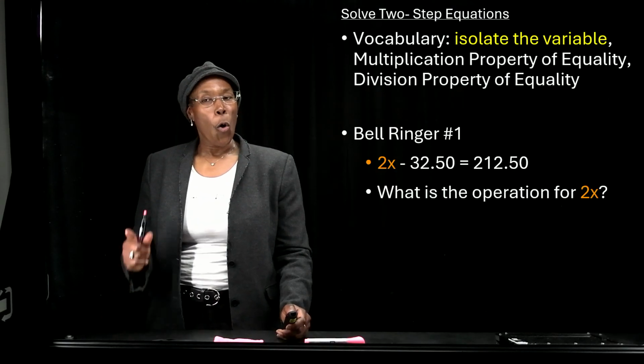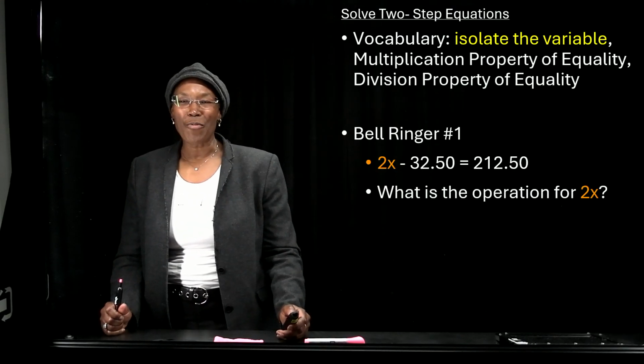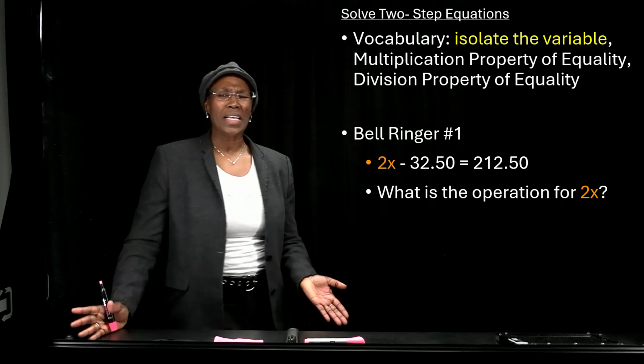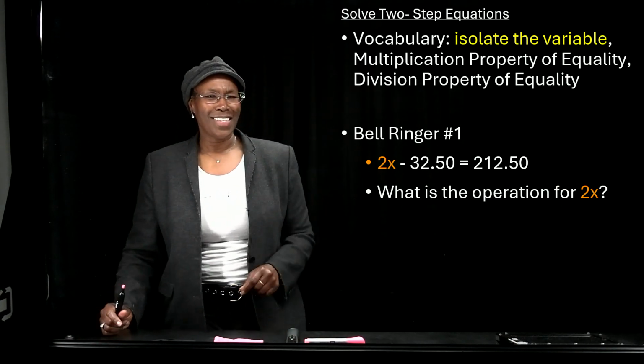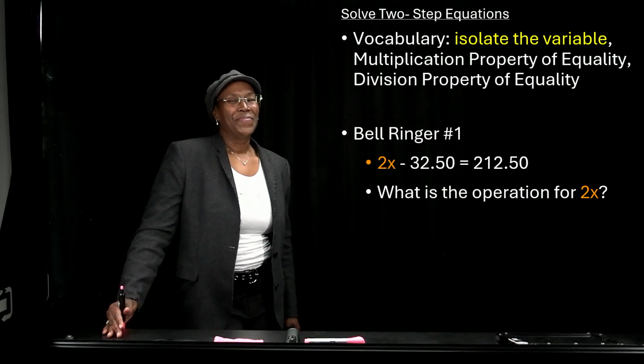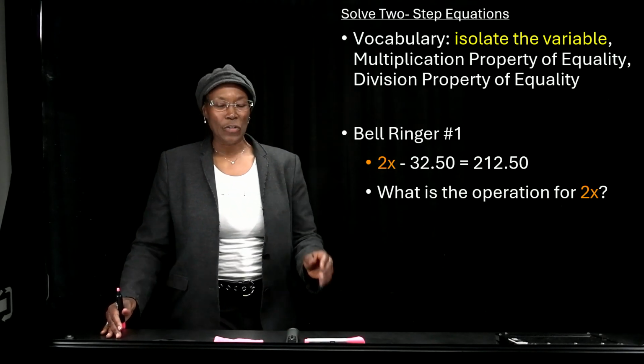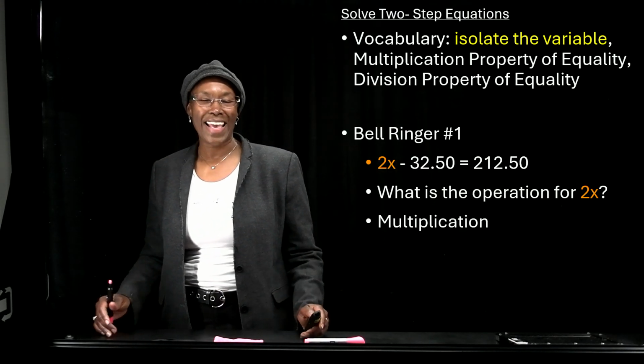Okay, so who can tell me what is the operation for 2x? What does 2x mean? What operation is that? Yes, Lindsay. Very good. That is correct. 2x means multiplication.